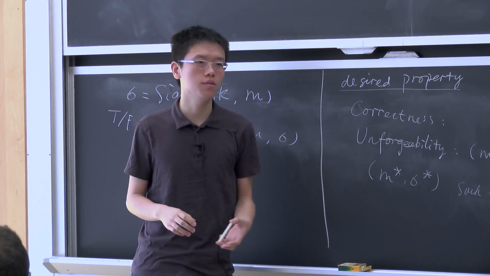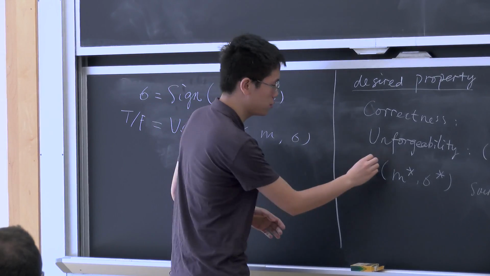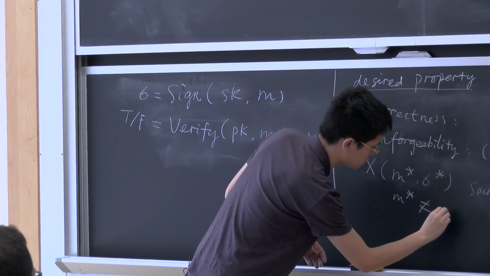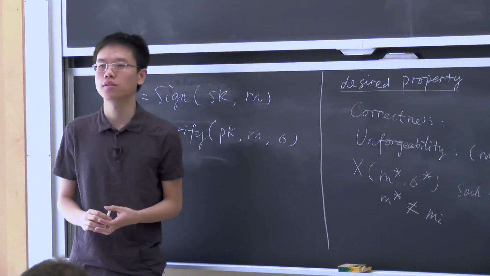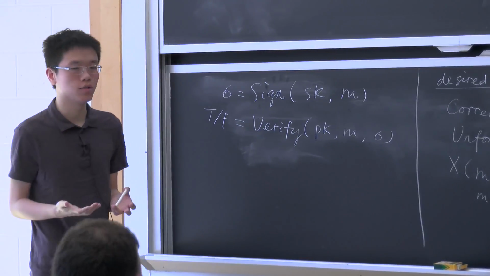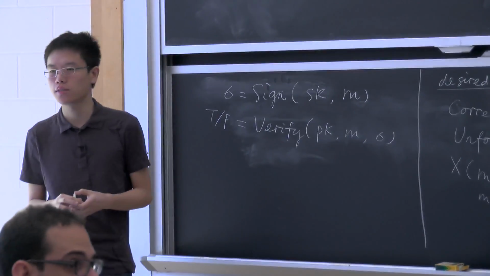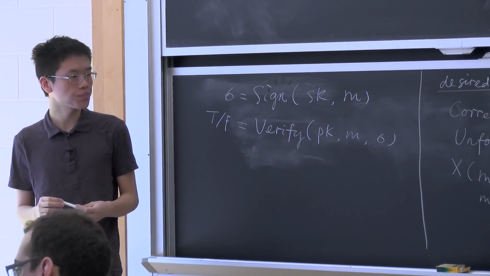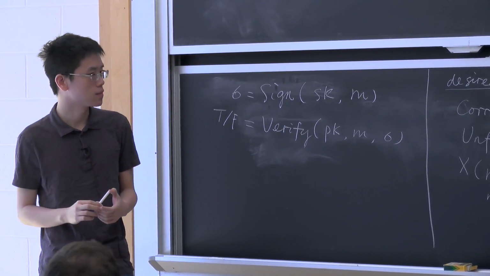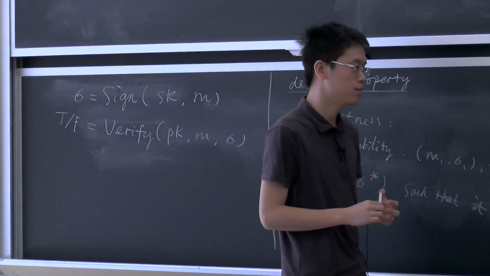So our unforgeability requirement is defined so that he should not be able to send such a pair where m star is different from any message he has already seen. There is no way to prevent the adversary from sending one of the message signature pairs he has seen before. So far pretty straightforward.